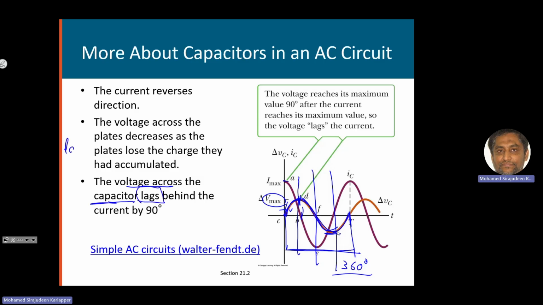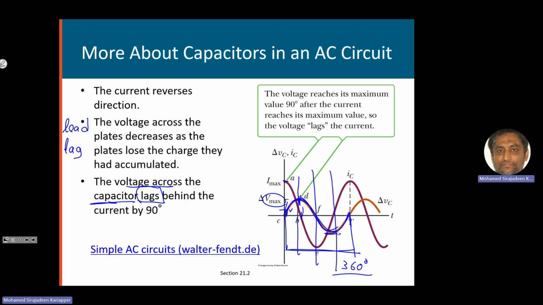Note this word, lag. You know what is the meaning of lag? Behind. What is the opposite of lag? Lead. Leading, leader, leading. So voltage lags the current by 90 degrees, a quarter of the cycle.